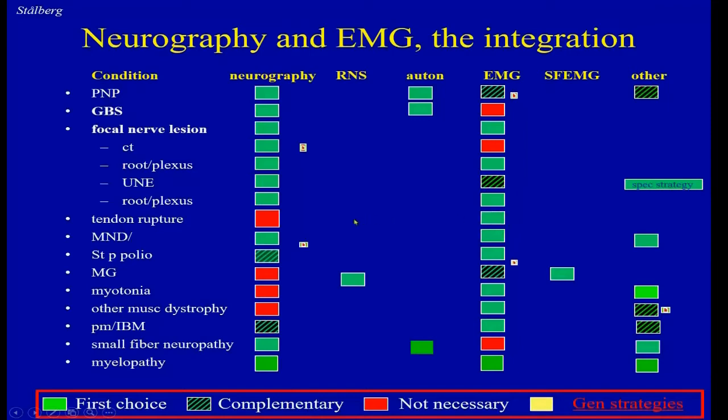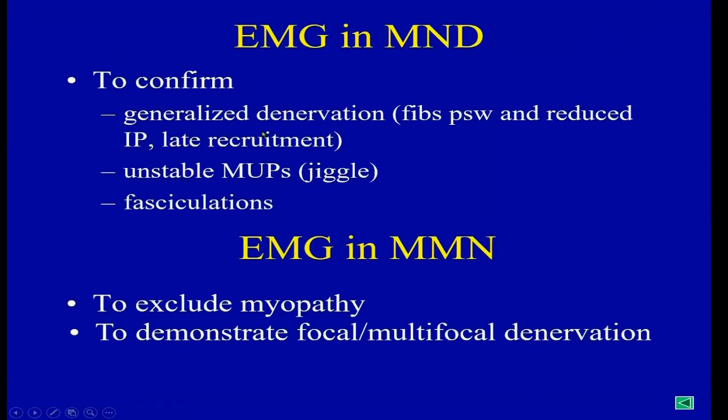Motor neuron disease, that is typically an important use of EMG. That is the traditional finding to confirm generalized denervation with positive sharp waves and fibrillations, reduced interference pattern, and unstable motor unit potentials indicating ongoing reinnervation, and fasciculations. That is not an absolute criterion, but absence of fasciculations is a hint that it may be something else than a motor neuron disease.